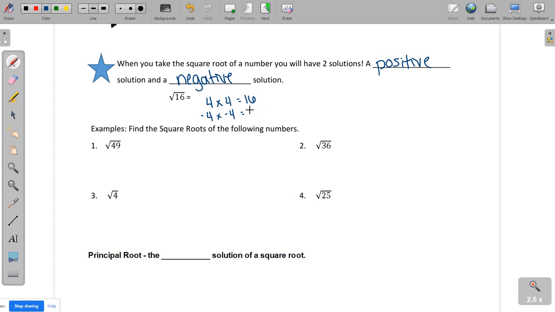Negative 4 times negative 4 also gives you 16. So the square root of 16 is positive 4 and negative 4, which we could also write as plus or minus 4. So positive and negative 4. The symbol reads as plus or minus.